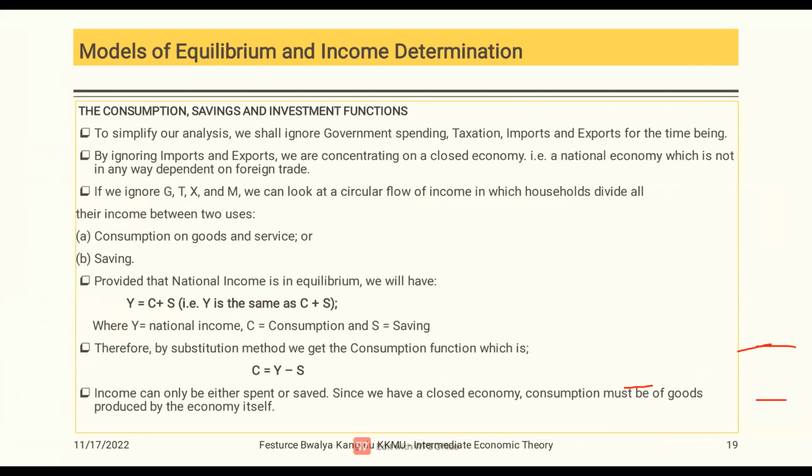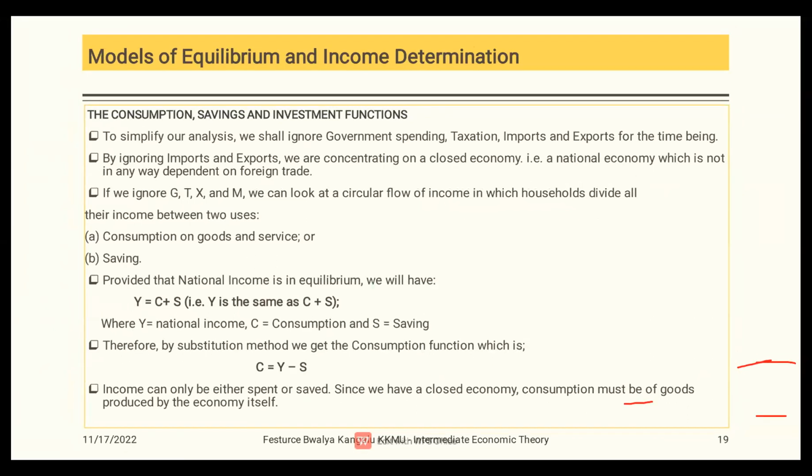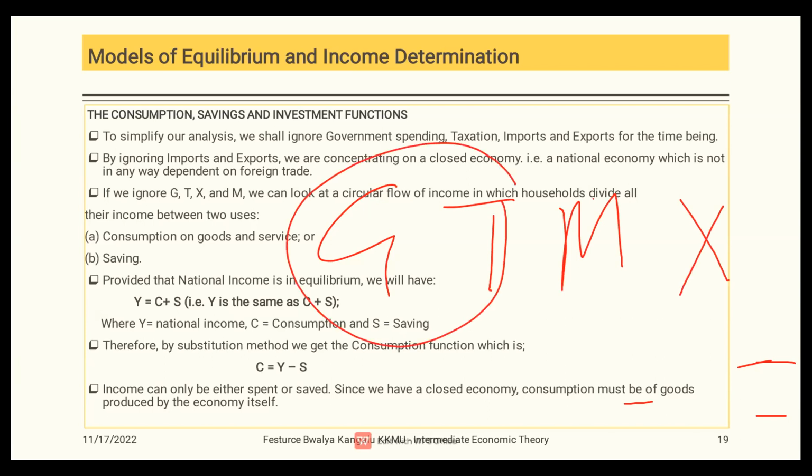If you ignore government and taxation, you are removing the government component from the circular flow of income.